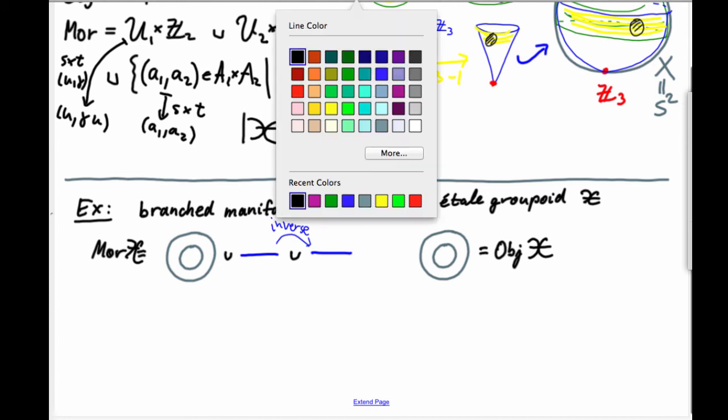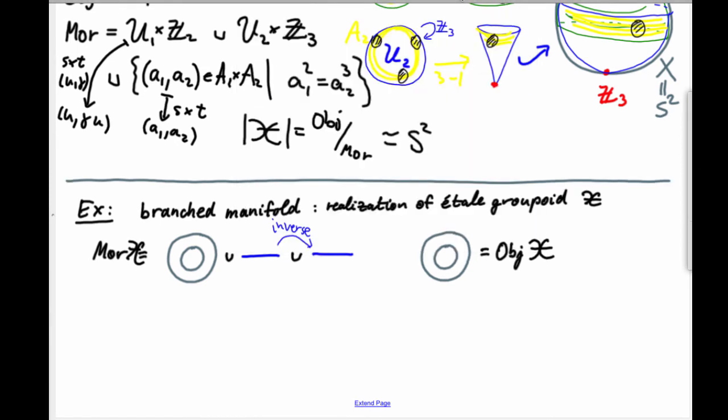So there's the identity structure map, which for every object gives me the identity morphism. But now I want to do something a little bit funky.